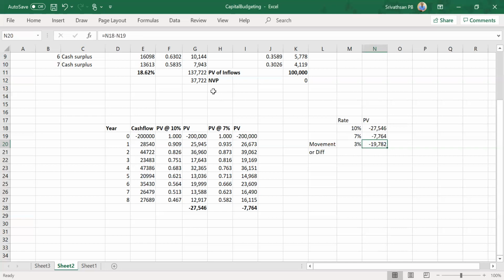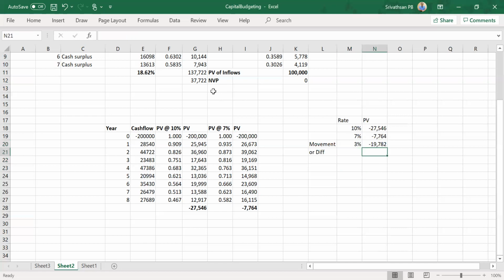It was at 27,000 negative, now it is 19,782 negative. So if 3% produced, I would say differently, how much more do I need? For a 3% drop, it was 19,000.